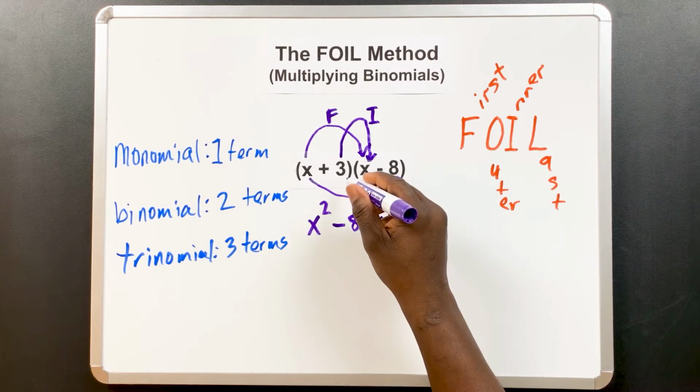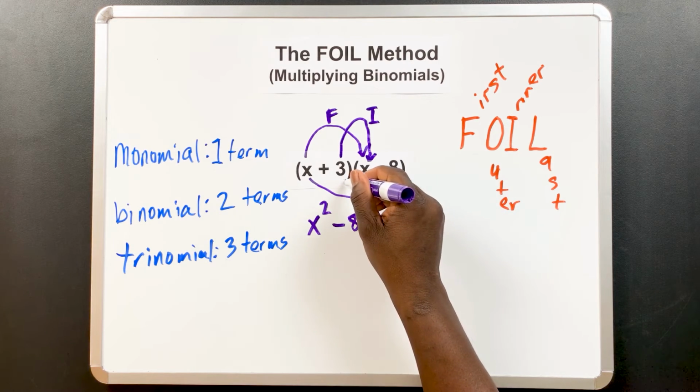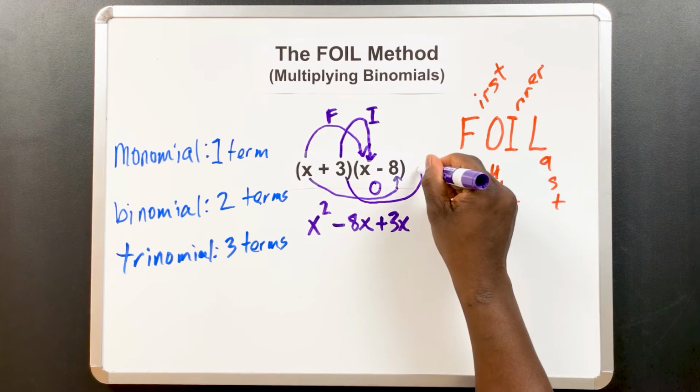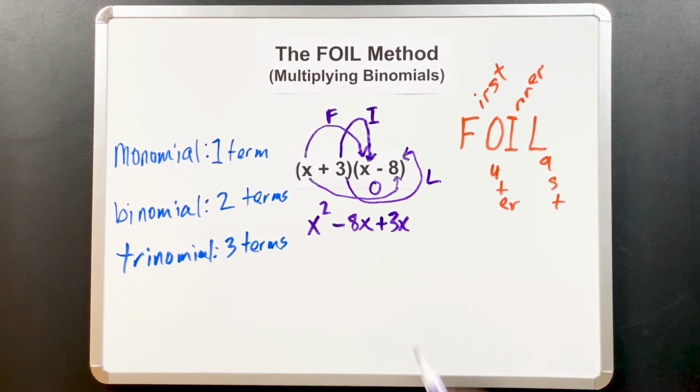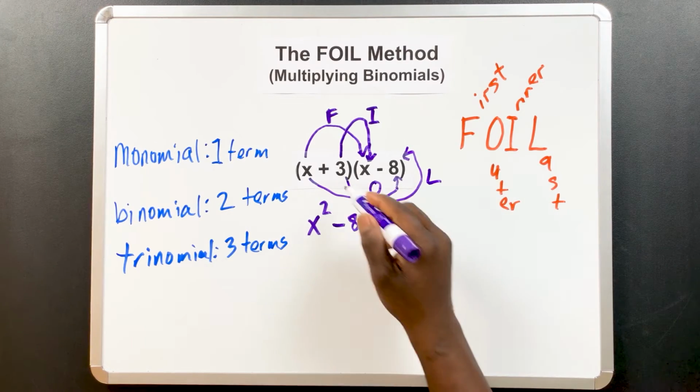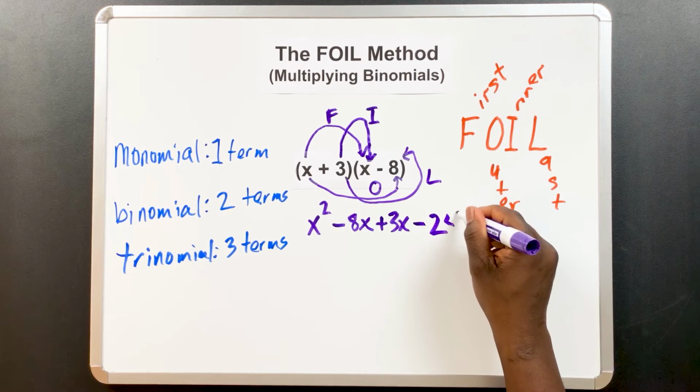Now we're going to deal with multiplying the two last terms. I'll draw an arrow to refer to that right there, and I'll call that L for last. So a positive 3 times a negative 8, that's negative 24.